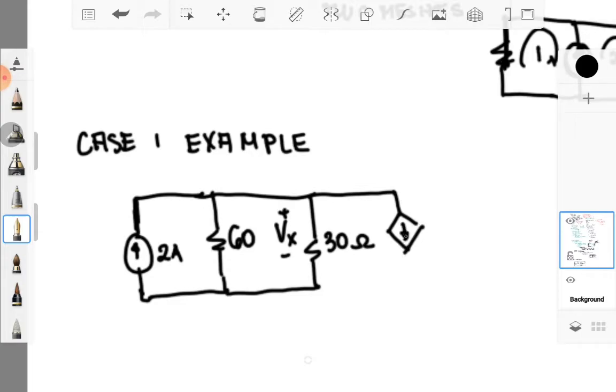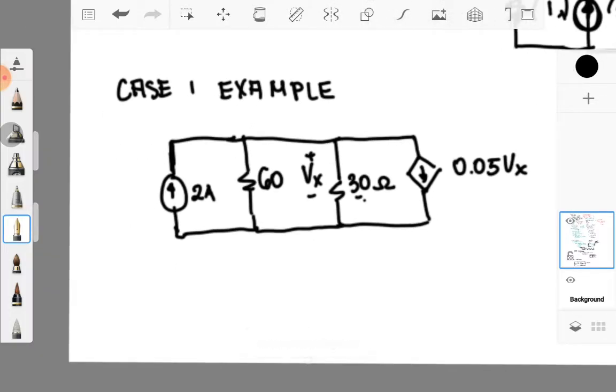So, bakit ko siya sinasabing voltage dependent? Because this 0.05 Vx is dependent to the voltage of the passive element 30 ohm. Okay? So, anong tinatanong dito? Solve for Vx using mesh analysis.